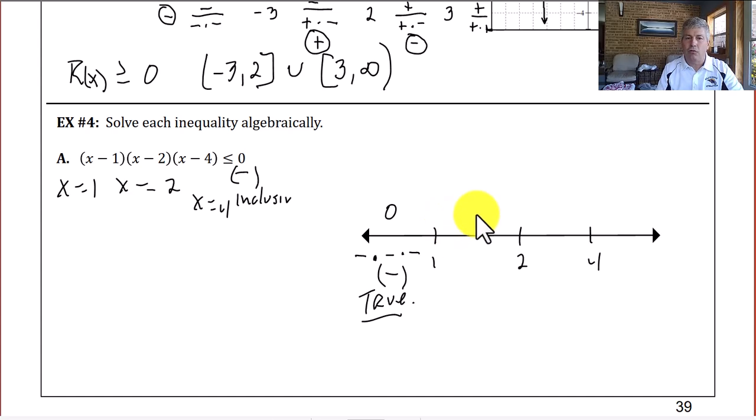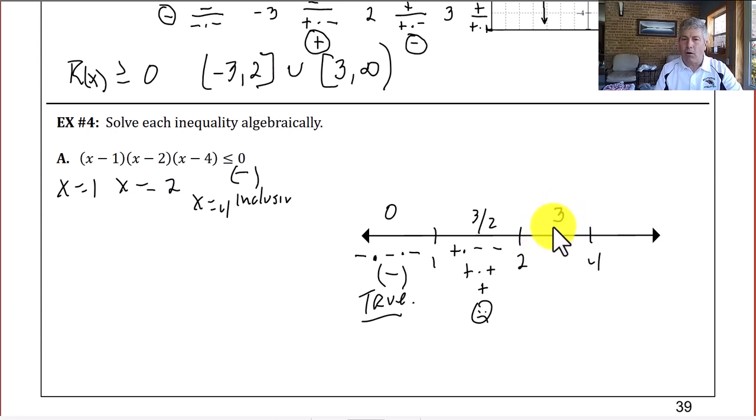Between 1 and 2, I might test something like 3 halves, and that's just going to be a positive times a negative times a negative, which is a positive times a positive, which is positive. We want negative values, so we don't want that region. We won't use those.